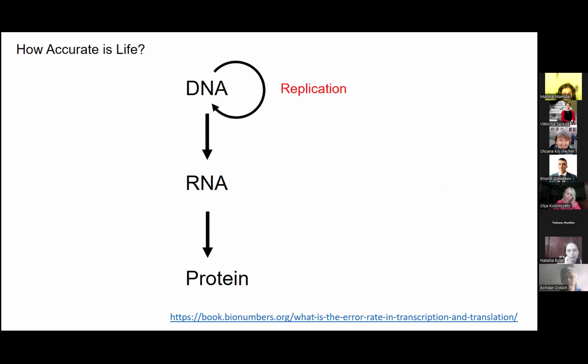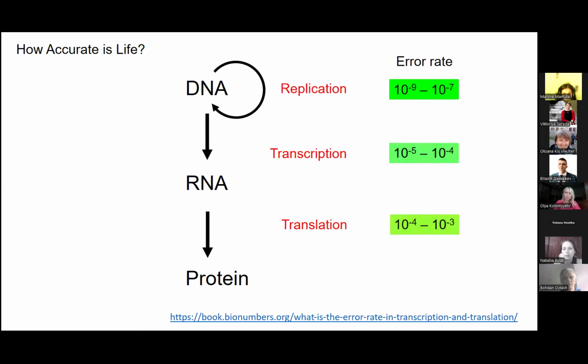And there is a really high accuracy of replication. Then there is a transcription process of rewriting one small piece of DNA into RNA to make one specific protein. And as you can see, the error rate of each process goes down. So the cell invests a lot into very accurate replication.